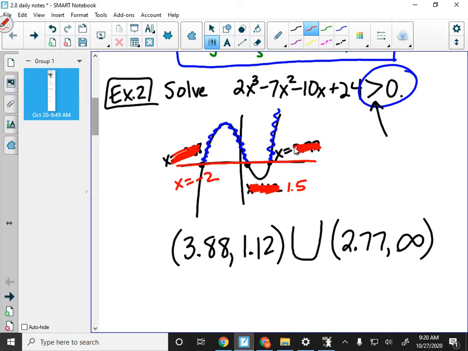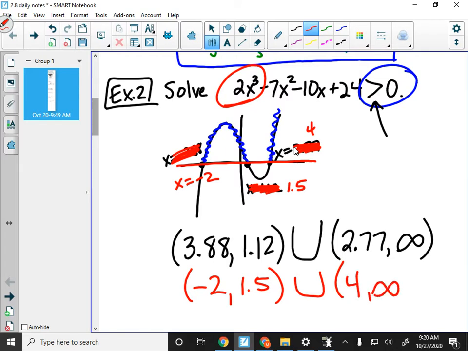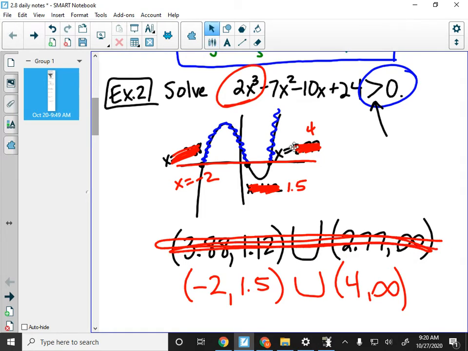I apologize for that, friends. Here's the good news. It is still saying when is it greater than or equal to 0. It was still the same general shape because it was a positive cubic. So what I have to fix is just where my zeros were and then fix my answer. So it should be -2 to 1.5 and 4 on to positive infinity. It should not be this. I apologize that I originally explained that wrong.